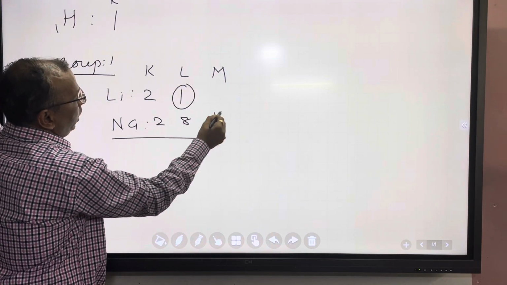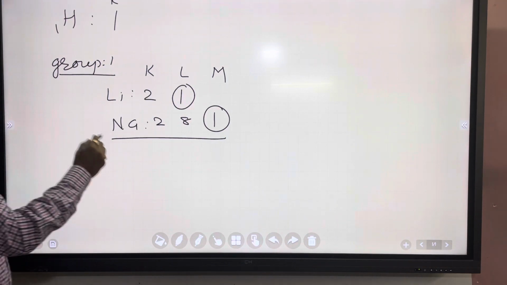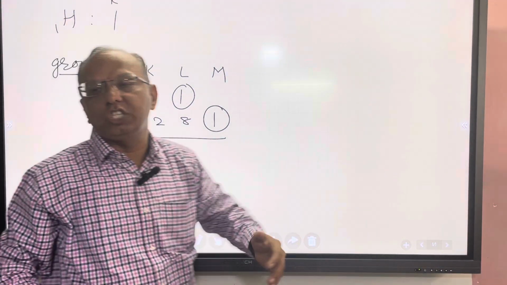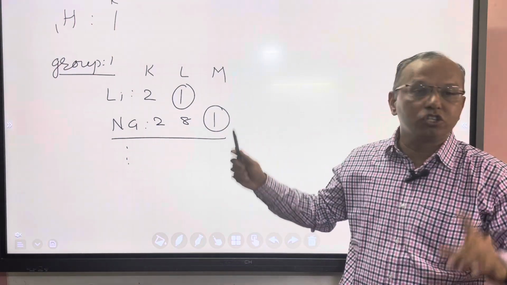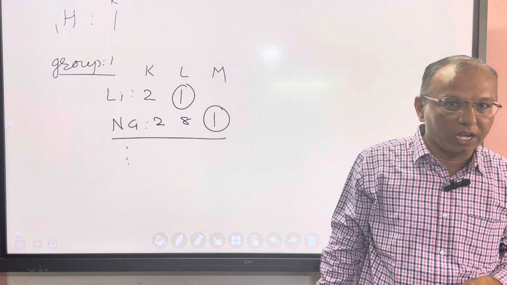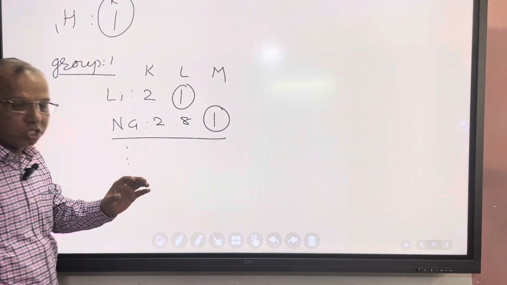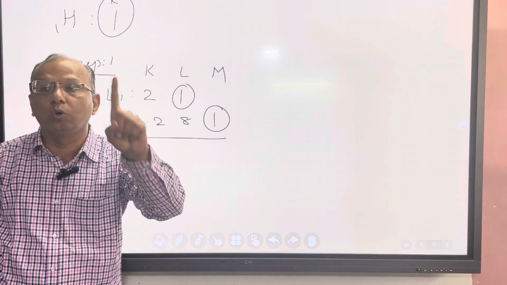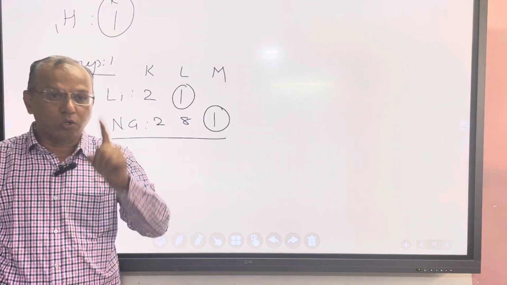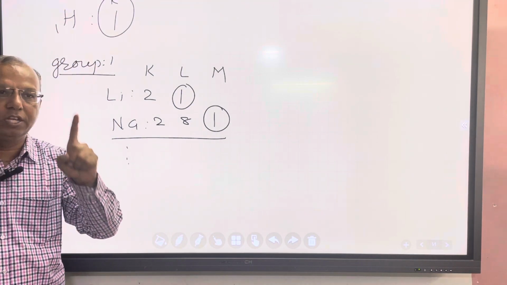So these two elements have one electron each in the outermost shell. Similarly, potassium, rubidium, cesium, and other elements of group 1 have just one electron in the outermost shell. So considering the electronic configuration, hydrogen is to be placed in group 1.